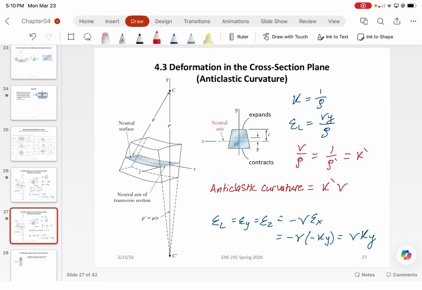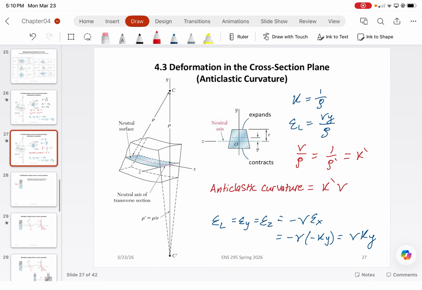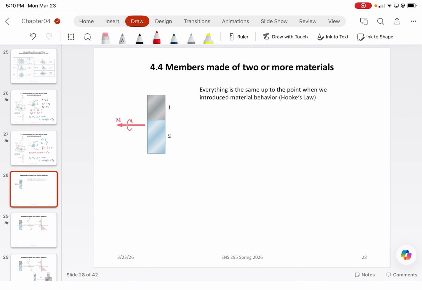All right. Now, the next topic is a personal favorite of mine: members made of 2 or more materials. Composite materials, we call these. You guys remember composites for axially loaded members. Now it becomes much more complicated dealing with composites of 2 or more materials.